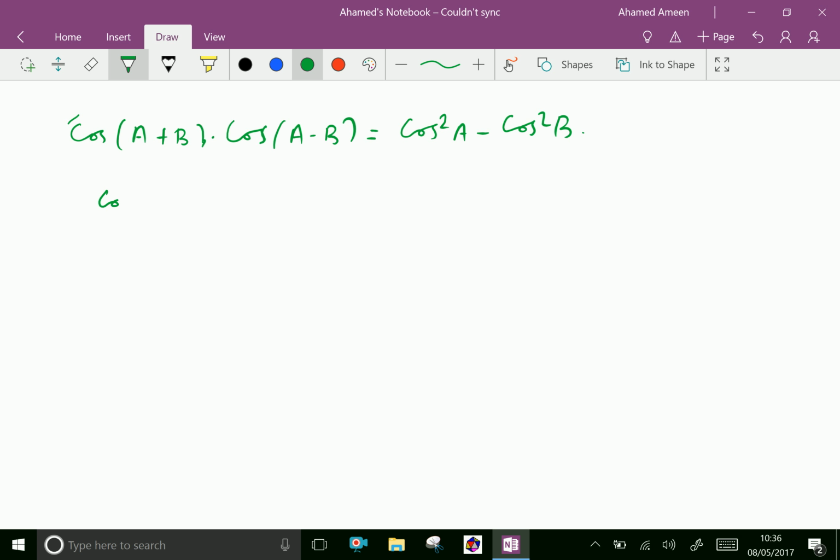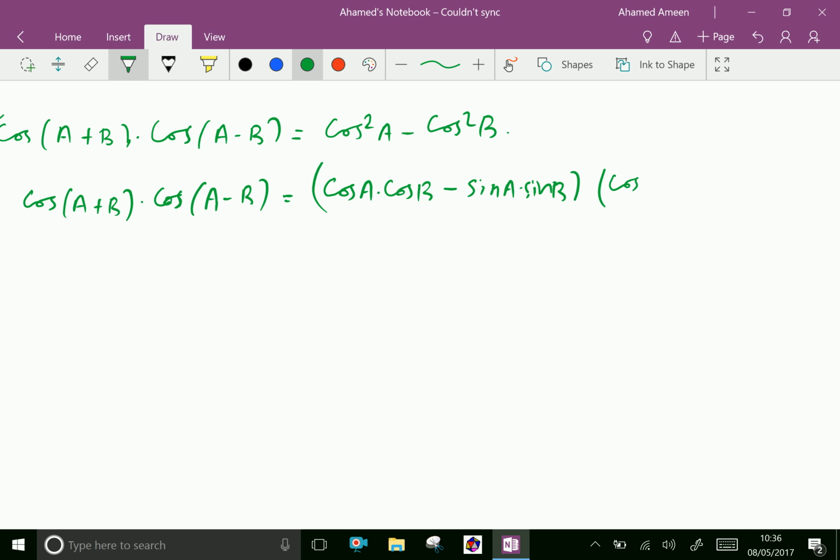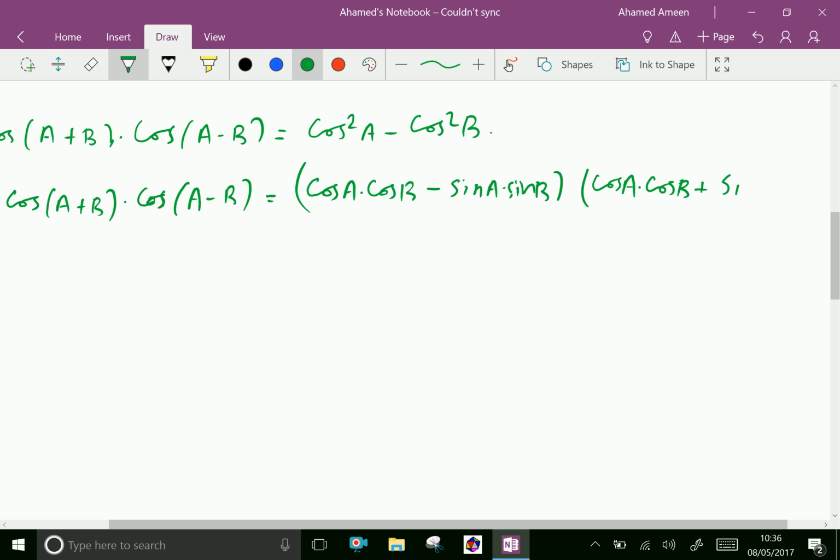Write cos(a+b) into cos(a−b) equal, we know cos(a+b) is cos a cos b minus sin a sin b into cos(a−b), that is cos a cos b plus sin a sin b.